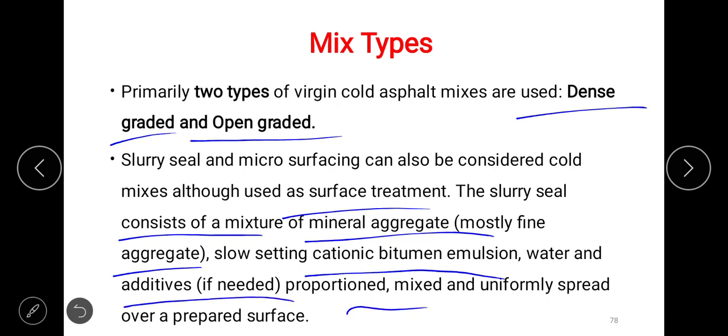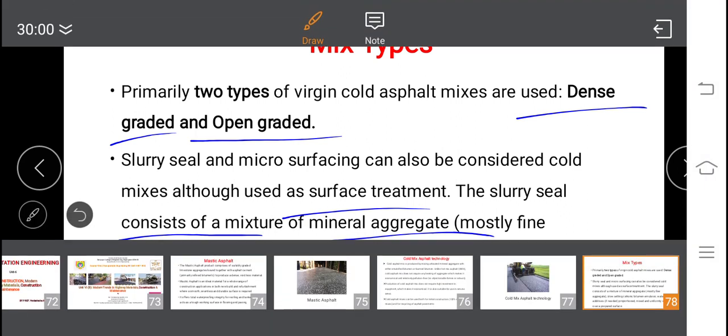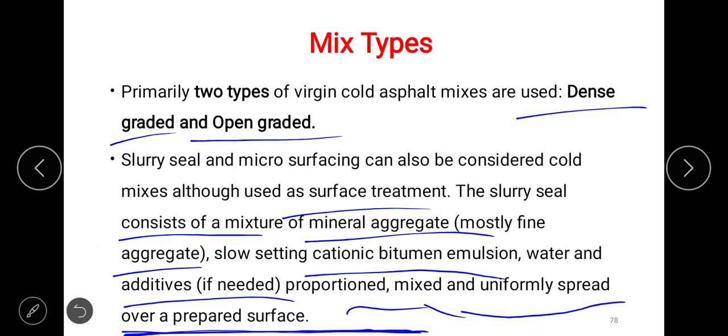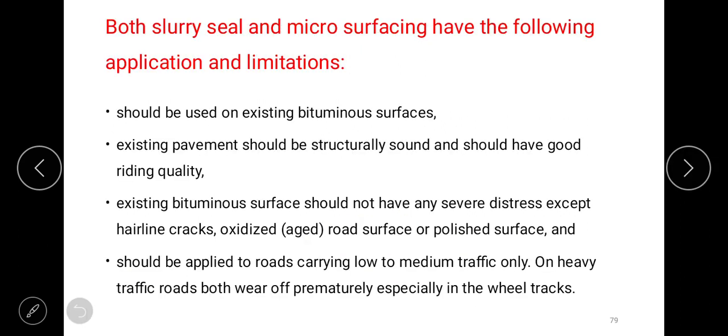It is proportioned, mixed and uniformly spread over a prepared surface. So the existing surface should be cleaned and well prepared, and then this designed proportioned mix is uniformly spread.